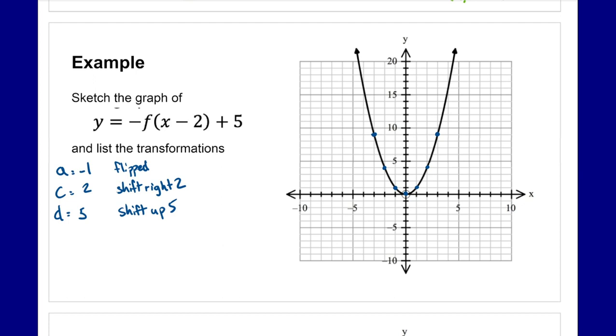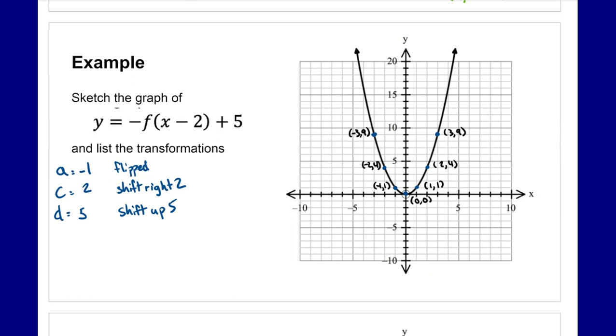First thing I want to do is apply the transformation. So I want to flip the points, right? The first step is to multiply all the y values by -1. So in this case, I just draw it in. 0, 0, 1, 1, -1, 1, 2, 4, 3, 9, -2, 4, -3, 9.